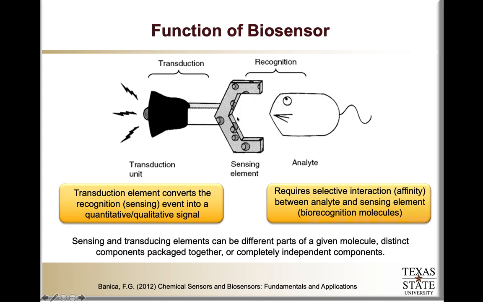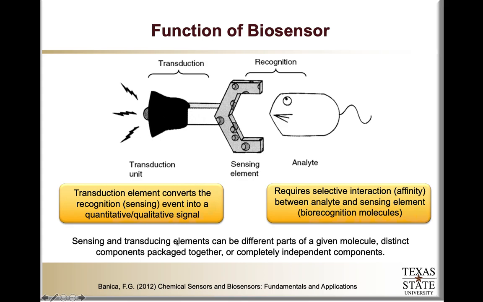Now, in addition to being able to interface with the analyte, we also need a way to transduce that binding event into a measurable signal. So a transduction element is going to convert the recognition or sensing event into a quantitative or maybe even just qualitative signal that can provide us information about the presence or absence of that analyte or about the concentration of that analyte in the physiological sample.